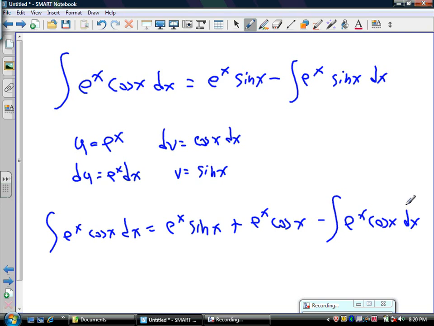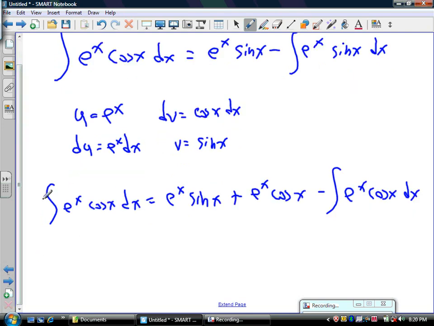Why is this good? This is weird, but it's good. We haven't seen this yet, but it's good. You see this? They're the same, right? Except for this. I'm trying to solve for this.